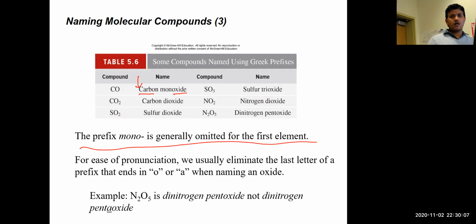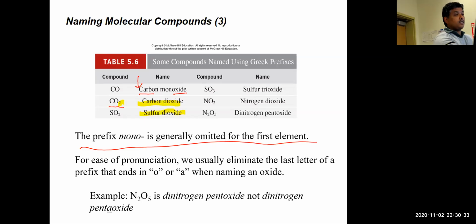So carbon monoxide. And how do I know that CO2 should be called carbon dioxide? There is one carbon, so I'll say carbon, and dioxide means there are two oxygens here, so there should be di in front of it. So carbon dioxide. SO2, just like CO2, should be named sulfur dioxide.